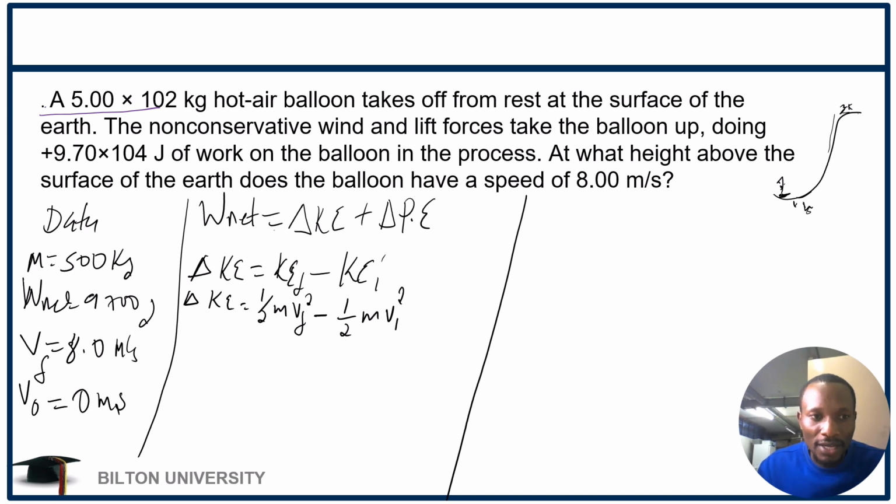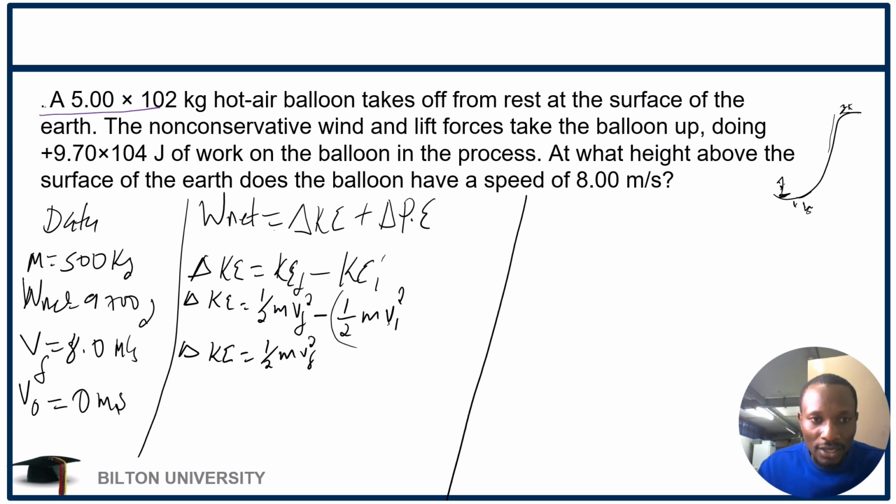And we have been told that it starts from rest, which means that the initial velocity is equal to 0, and therefore the change in kinetic energy is going to be 1/2 m vf squared, because the whole of the initial term is going to be 0.